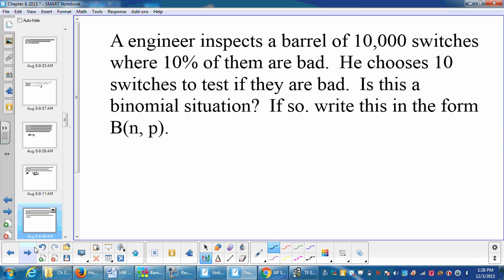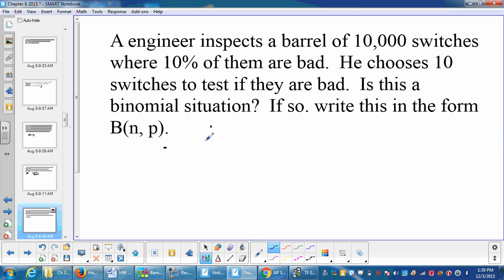Now this one's a gray area one. An engineer inspects a barrel of 10,000 switches where 10% of them are bad. He chooses 10 switches to test to see if they're bad. Is this a binomial situation? This is just like the last one, but instead of having 52 options, now there's 10,000 switches. So when he takes one out, the probability is going to go down, but it's not going to go down by much.